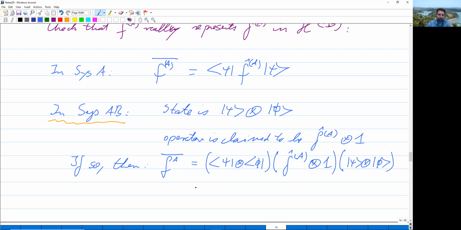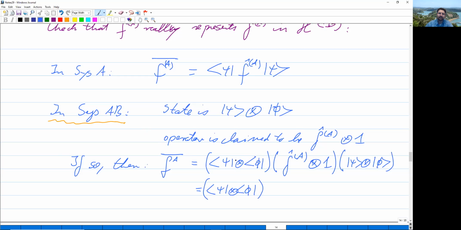Let's see what we get. This is then, remember, this is psi, f hat A psi. Always the first factor is interested only in the first factor. By definition, if you go back to the axioms, this is how that works out. So psi, and then, let me put it this way, let's spell it out completely so that there's no mystery of it.